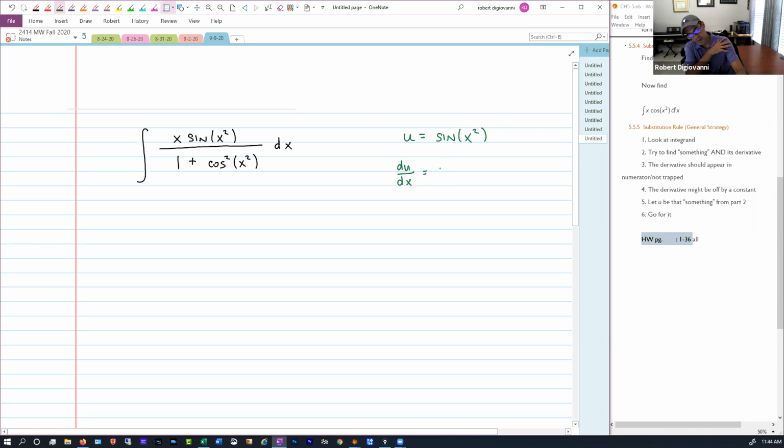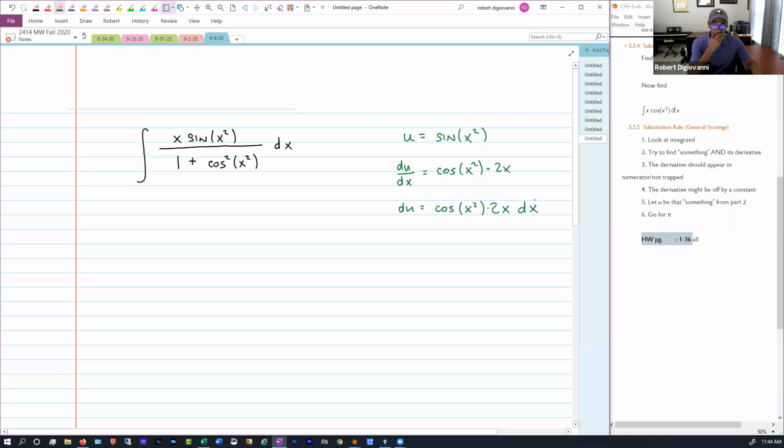That seems like a fair analysis. So the derivative of sine of something is cosine of it, but then times 2x, and then I can bring the dx to the other side.